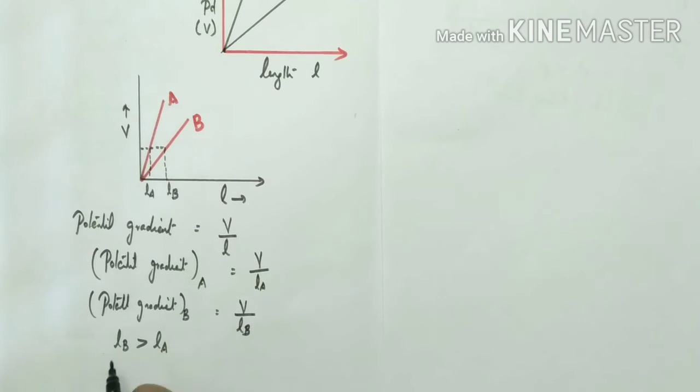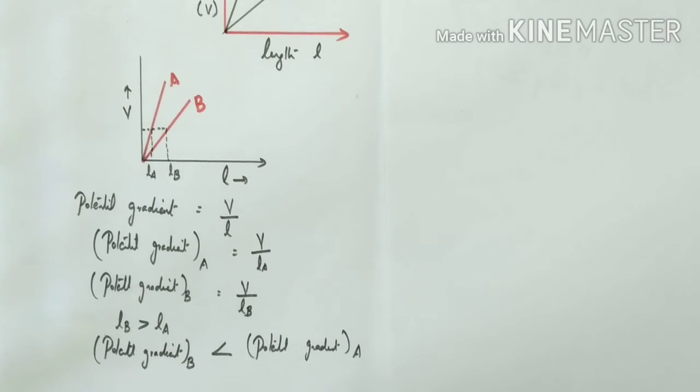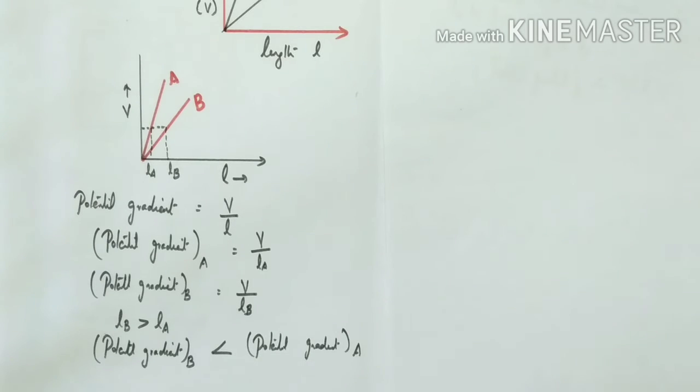And since LB is greater than LA, the potential gradient corresponding to B is less than the potential gradient of A. So potentiometer B has less potential gradient than that of A. Okay. So as potential gradient is less, sensitivity will be more. Smaller the potential gradient, greater will be the sensitivity.